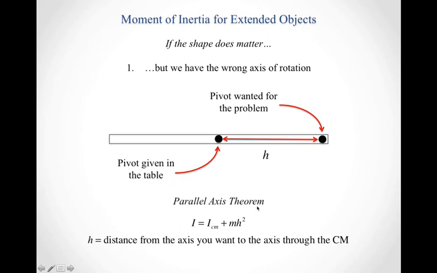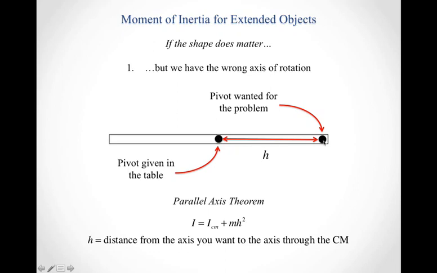Then we're going to use what's known as the parallel axis theorem. The parallel axis theorem tells you that you can get the moment of inertia about some other axis not through the center of mass by looking up the moment of inertia through the center of mass and then adding this additional term, mh squared. M is the mass and h is the distance from the axis you want, that's this one here, to the axis through the center of mass that you look up.